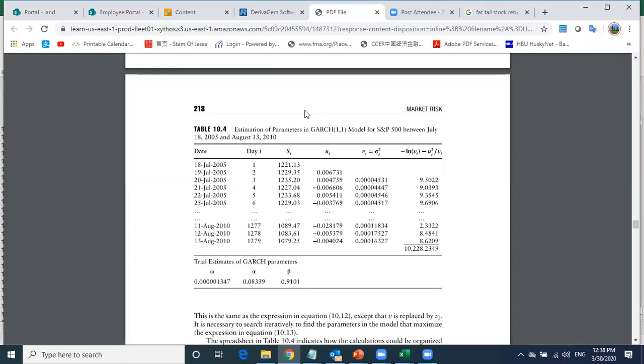That's why I want to give a couple of days to practice. We'll get back to you on Wednesday with a more detailed calculation of the GARCH and exponentially weighted moving average.